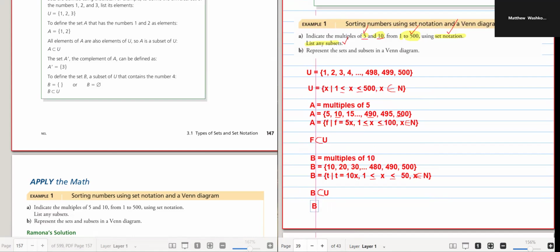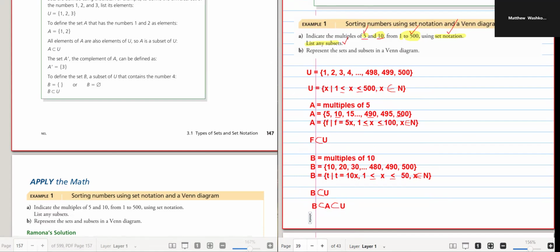So B is a subset of A, which is our fives. So our tens are subsets of fives, right? But A is a subset of all of our numbers. So I've got to write both of these.